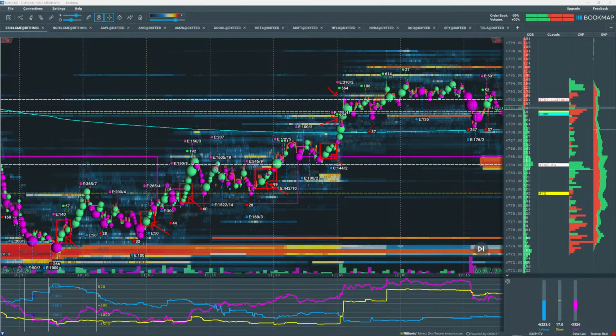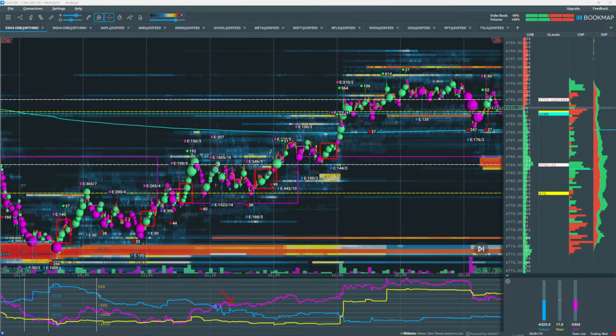Just a great long setup confirmed by options trades and hedging flow in Hero, as well as Bookmap here. Aggressive buyers, resting liquidity in the order book, iceberg orders, all confirming the move higher. And notice also as price starts to rise, this cumulative volume delta also starts to rise.